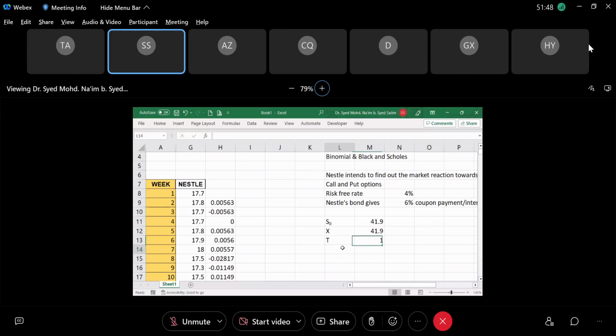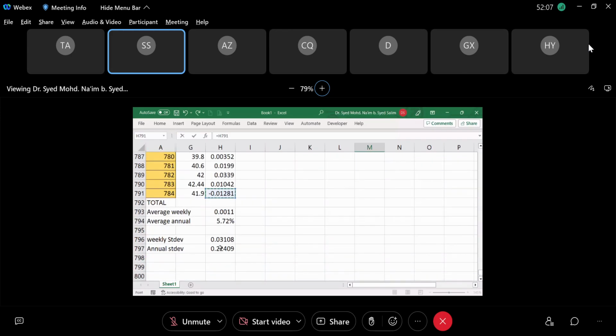We have the risk-free rate given here, and the interest rate is given here, and the standard deviation is equal to, let's go down again, which is that.